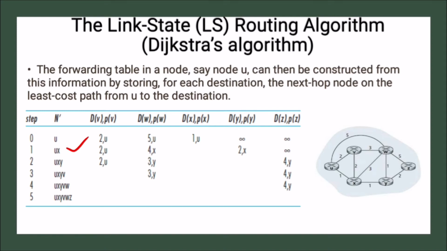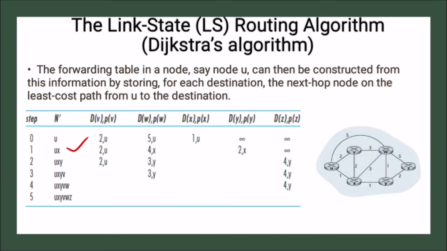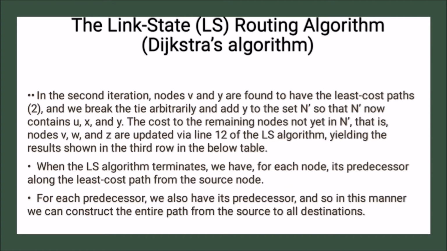Okay, then what is the next step? Lines 1 and 2 of the LS algorithm are then performed to update D(v) for all nodes v, yielding the result shown in the second line in the table below. So in step 1, it calculates the path. Then when the LS algorithm terminates, we have for each node its predecessor along the least cost path from the source node.